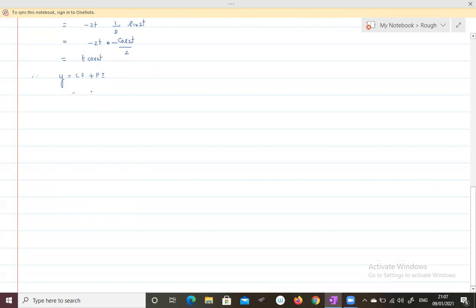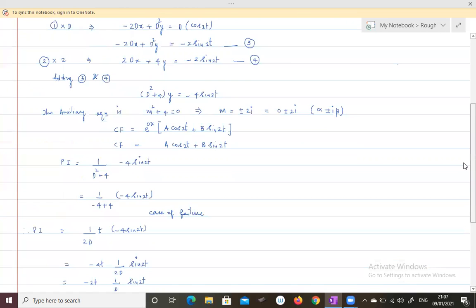That is, a into cos 2t plus b into sin 2t plus t into cos 2t. This is the value of y. So now we have to find the value of x also by substituting the y value in any one of the equations 1 or 2. Let us see.